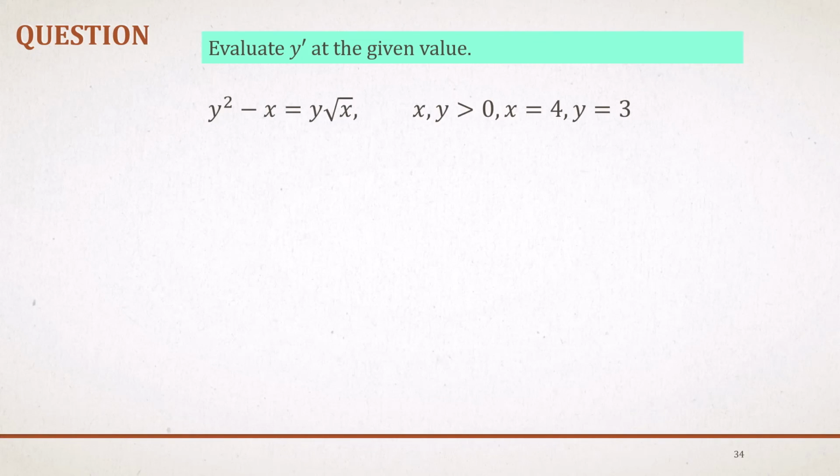Okay. Now for the second one, over here, we have to evaluate y' at the given value. Okay, so this one here is your y, this one is your x. So the right hand side needs a uv. Actually, I can change the question to y times x to the power of 1/2.